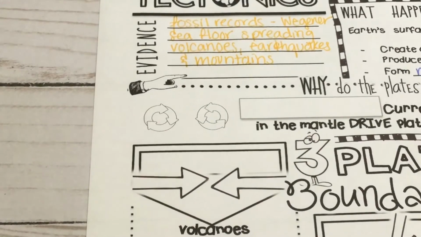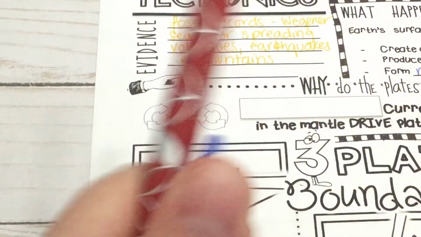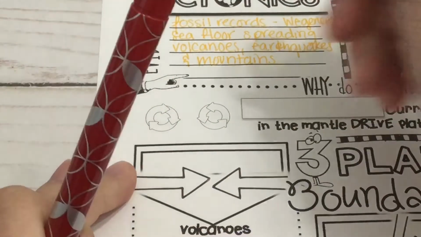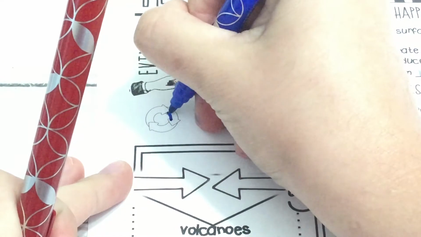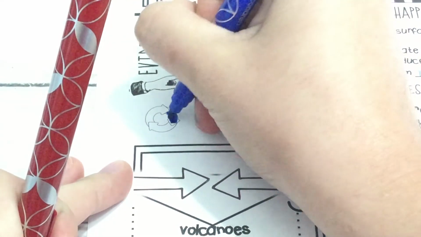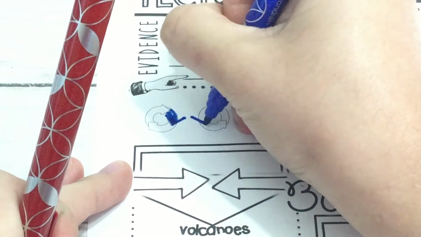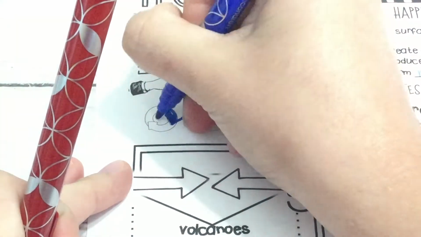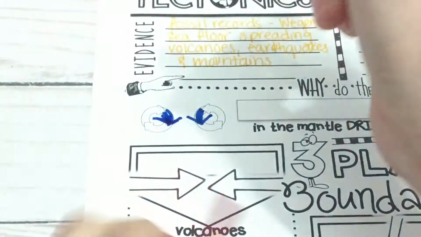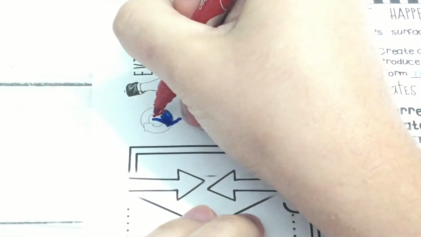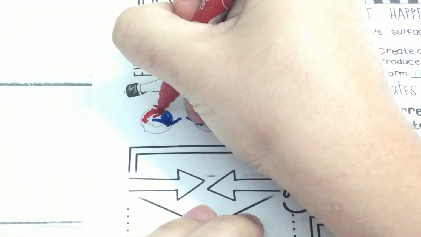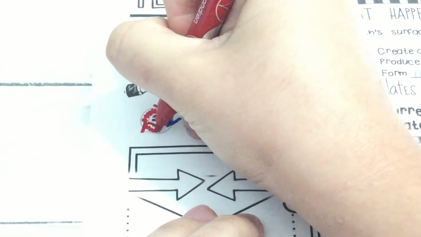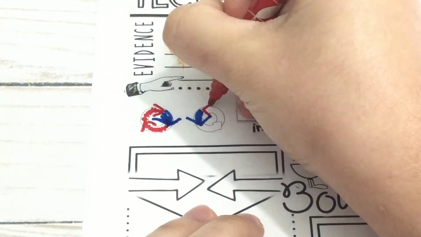And then on this other side, same concept. Cold air, or magma for that matter, falls, and hot rises.